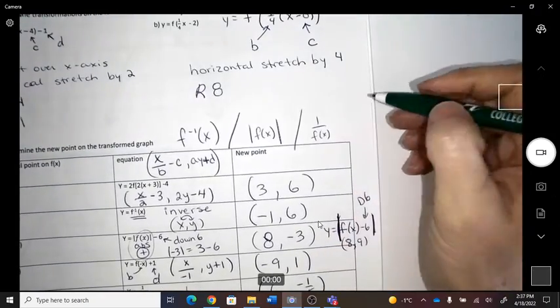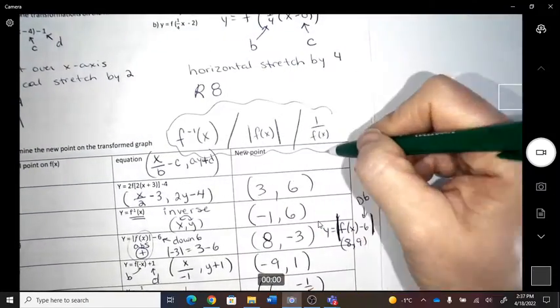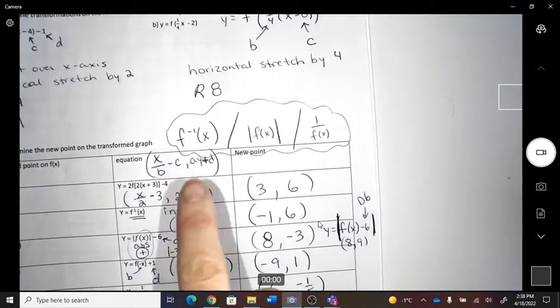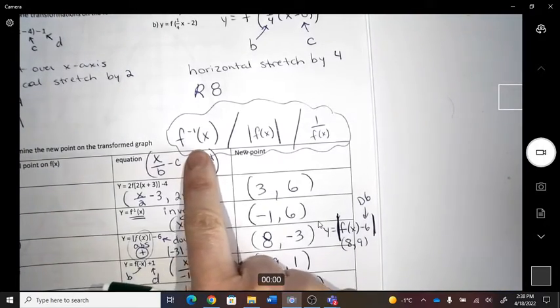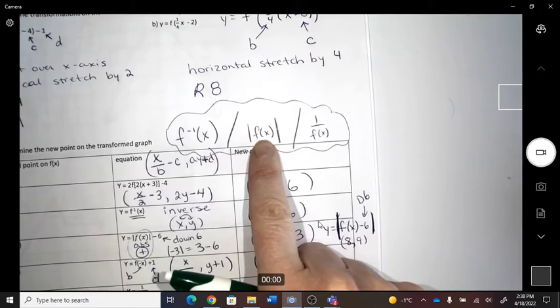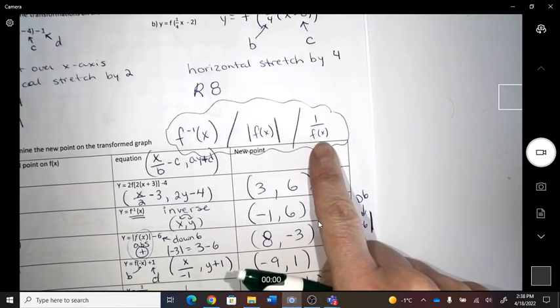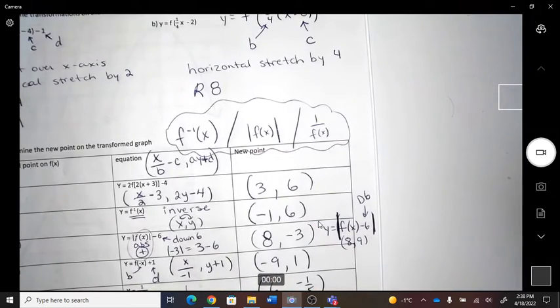You have to understand the difference between those 3 things, right? What am I asking you? Inverse, flip-flop x, y. Absolutes, everything needs to be positive or 0. And then this is 1 over. Okay, you understand those 3 formats.